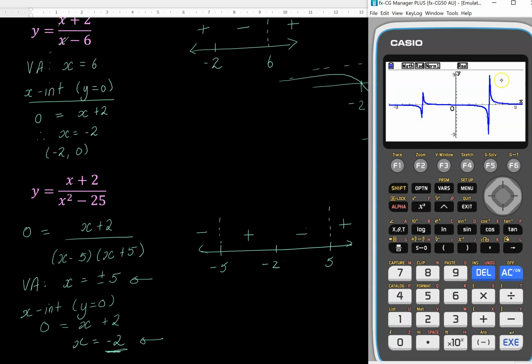So we've got above the graph on this side of 5, we've got below the graph up until 2, so if I go gsolve, root, all right, that's minus 2, so you can see on the right it's below the graph, on the left it's above, and then on the other side it's below as well. Okay, so use your technology, use your common sense to make sure that you don't make a mistake. Okay.